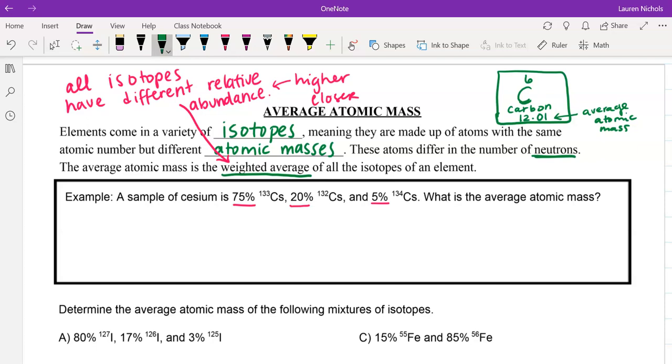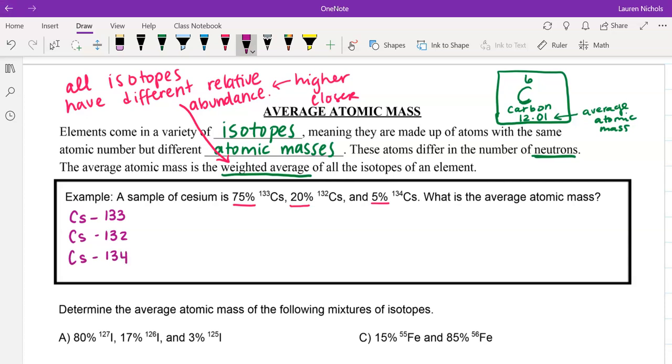If we do this practice problem, what you do is you first write down all of them in their isotope form. So cesium-133, cesium-132, and cesium-134.